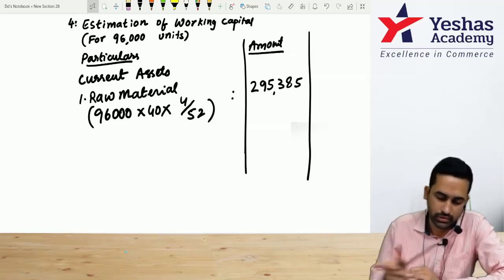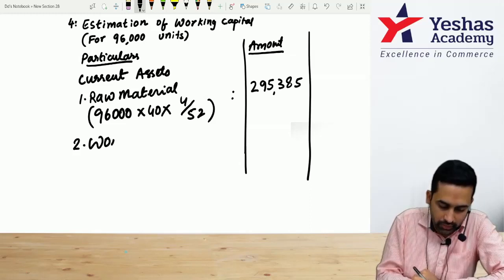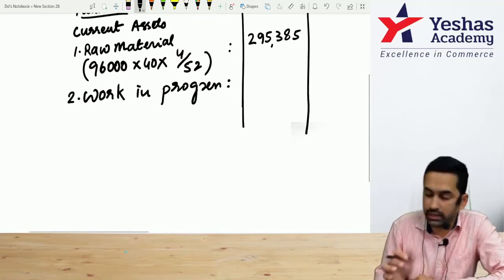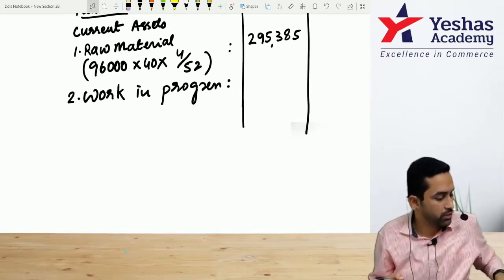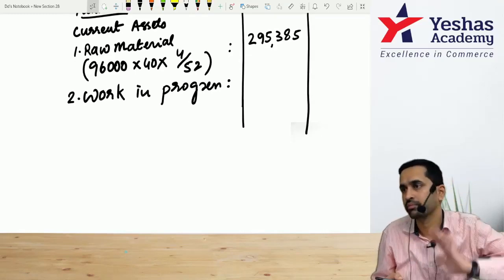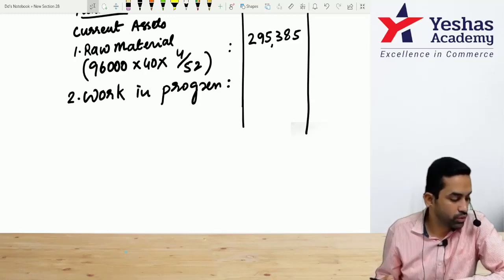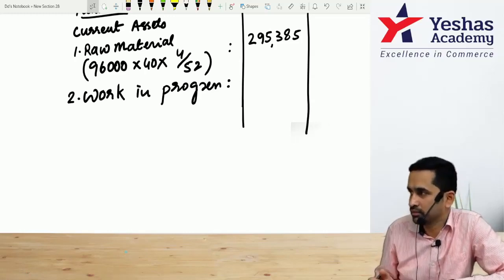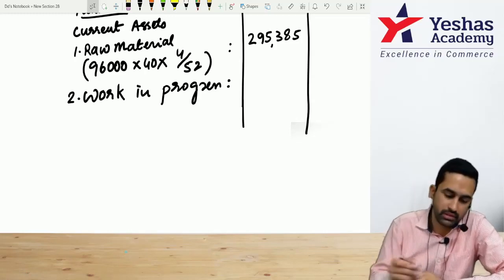Right, sir? Second, work in progress. What is the adjustment given? It says WIP will take 2 weeks to complete, 50% complete in all respects. Now, 2 weeks to complete, this is the time duration that you need for production purposes.